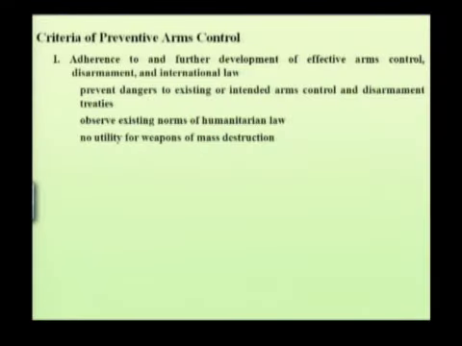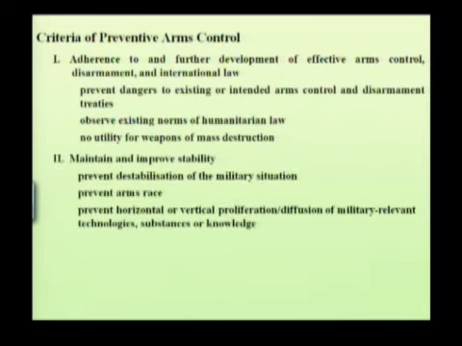So these are the criteria. They can be grouped in 3 general groups. First group has to do with the existing arms control and disarmament and international law of warfare efforts. Second group has to do with the stability between potential opponents. Do certain new weapon systems incite escalation in a crisis or from a crisis into war, or do they not?